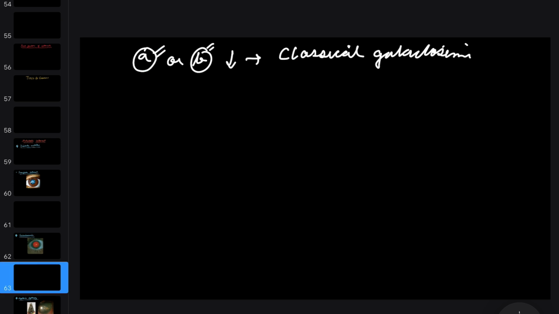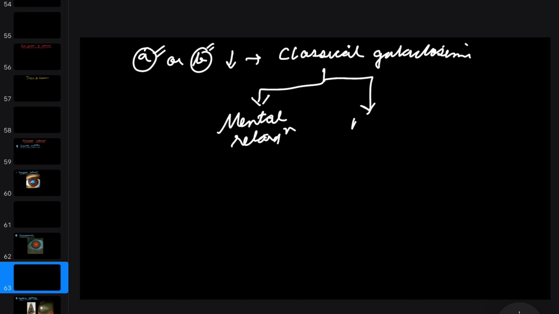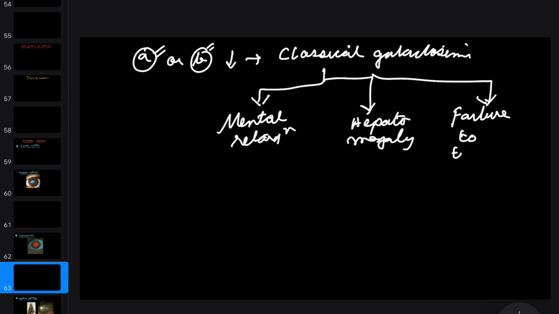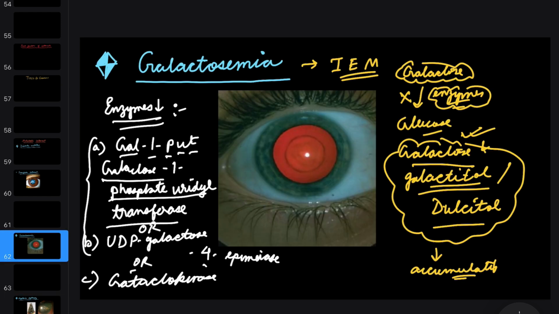Now, in classical galactosemia, you get a triad. What is that triad? Basically, in classical galactosemia, you will get mental retardation along with hepatomegaly and failure to thrive. Another thing I forgot to mention is that galactosemia is a condition of infants.